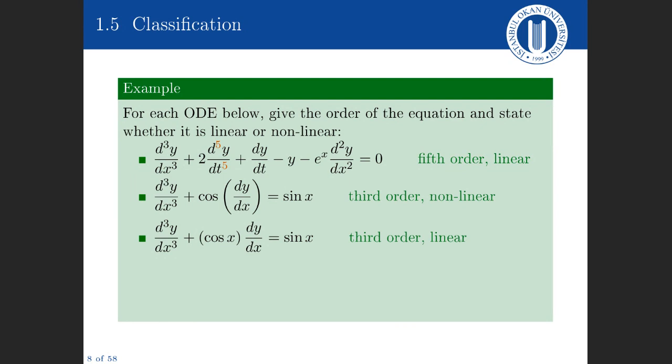We can cross out all of the functions of x. We don't care about sine x. We don't care about cos x. We're left with a derivative of y plus a derivative of y is equal to 0. So this is linear.